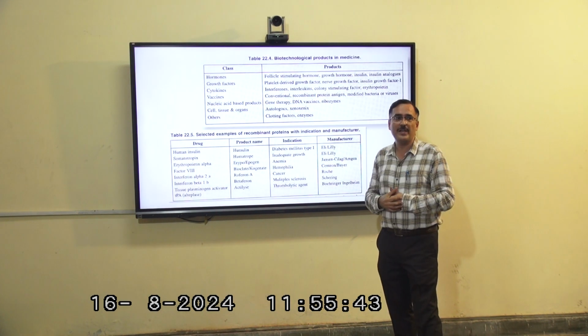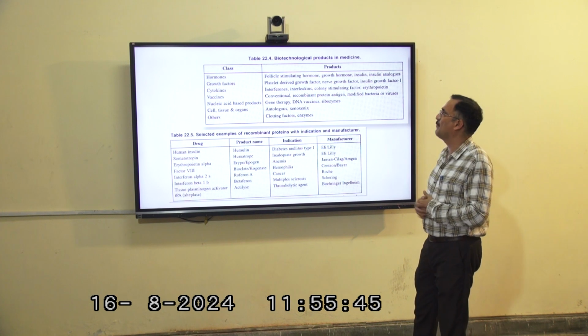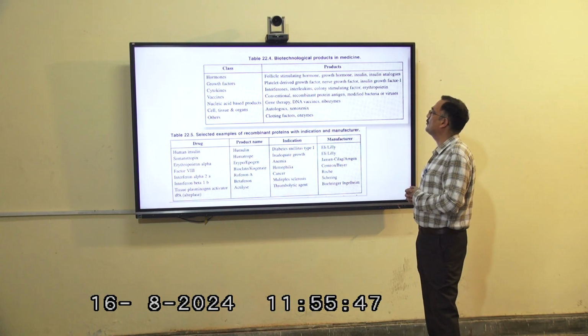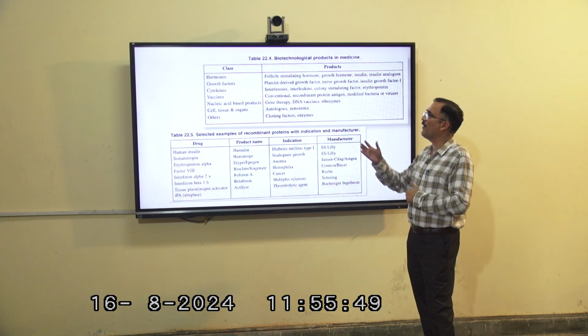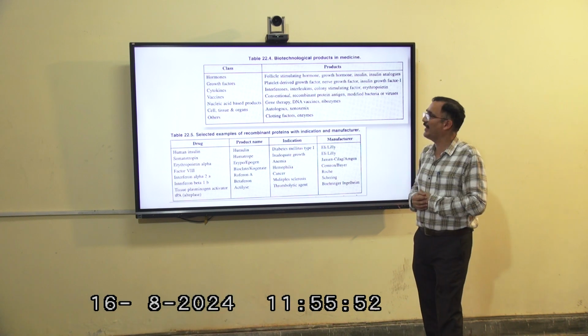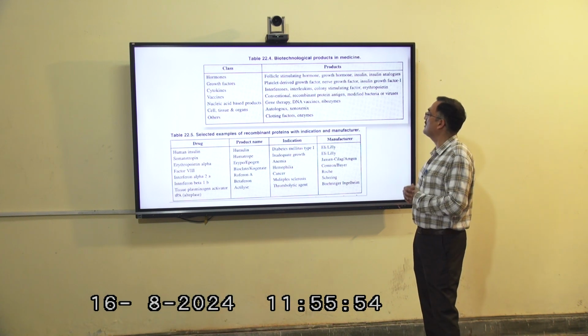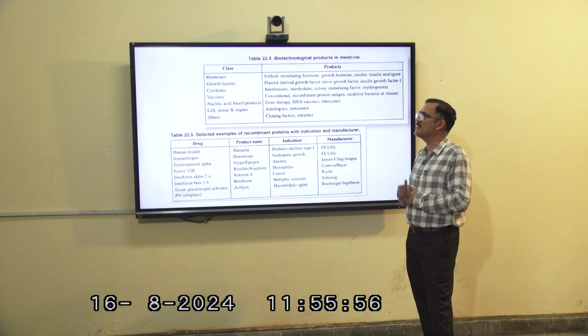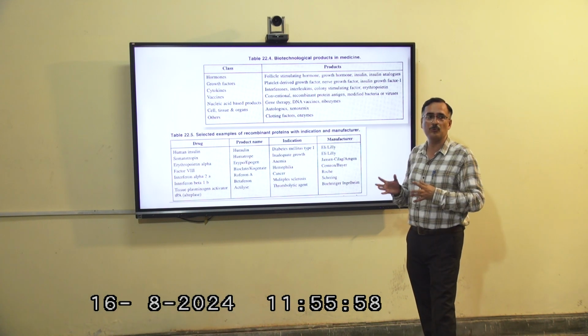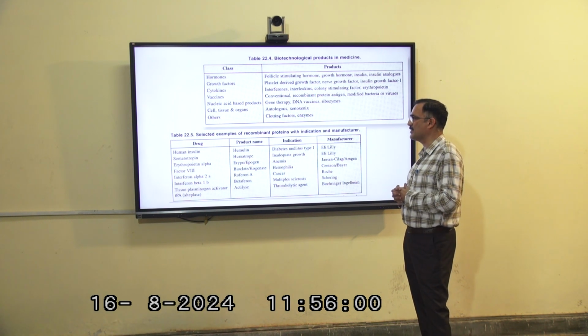These are some of the examples, like we have the hormone follicle stimulating hormone, growth hormone, insulin, growth factors like platelet derived growth factors, nerve growth factors, insulin growth factors, cytokinins, vaccines, which are developed through the biotechnological process.